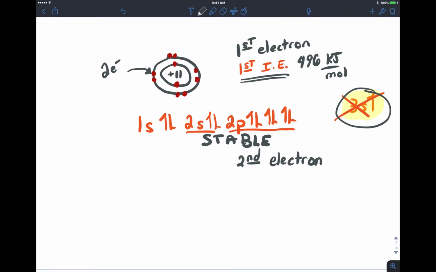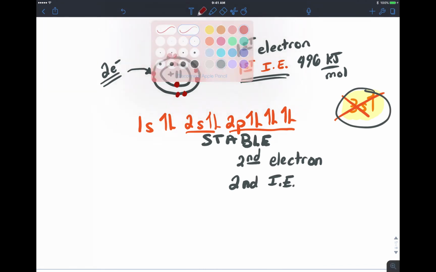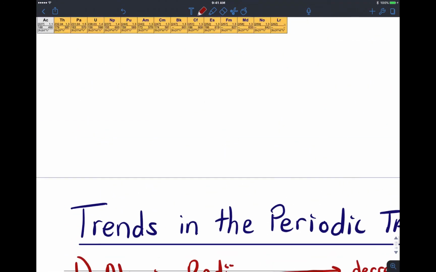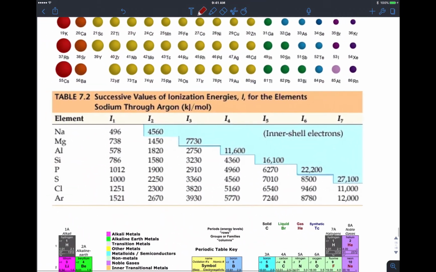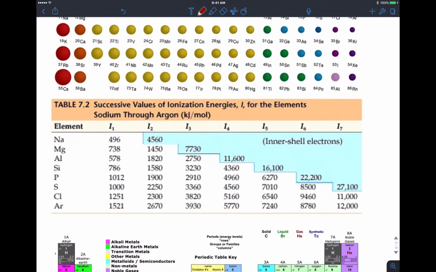The answer is no. So for us to try to remove that second electron, or our second ionization energy, the amount of energy that we're going to have to apply to that is going to be significantly greater than that 496 kilojoules. All right. These are numbers that you don't have to memorize, because there will be sources that we can pull from. And right here, that's that first electron that we removed from sodium.